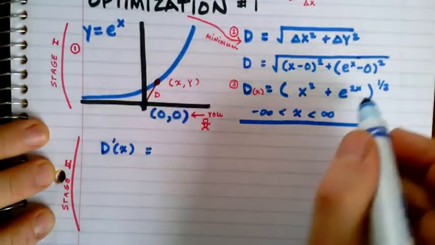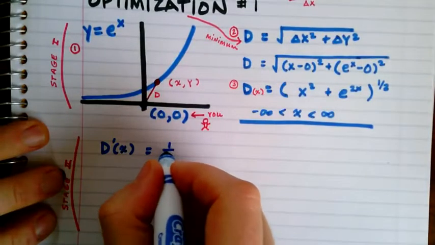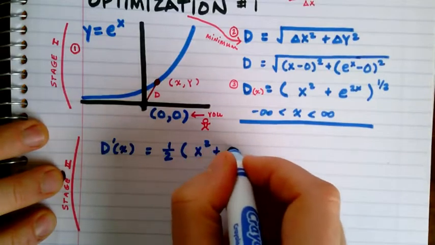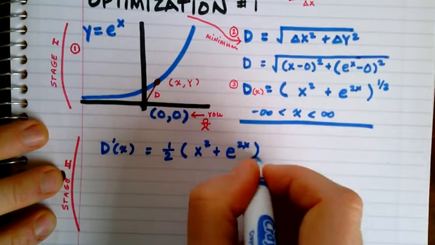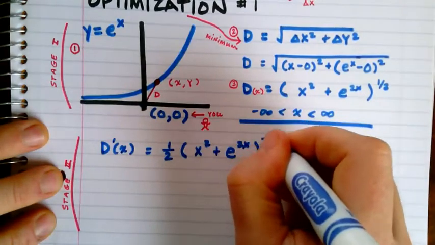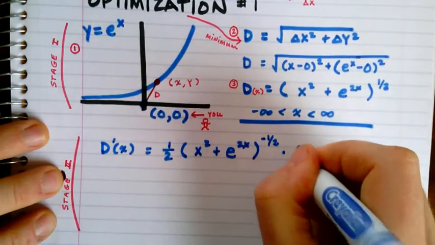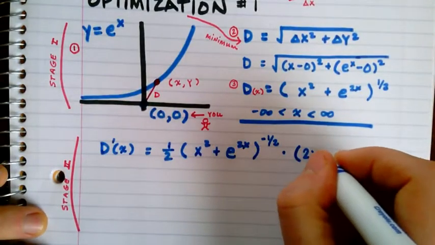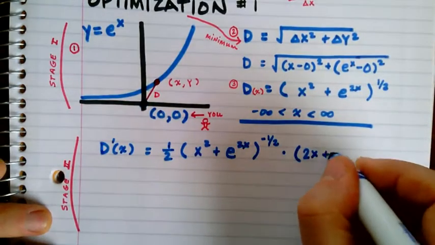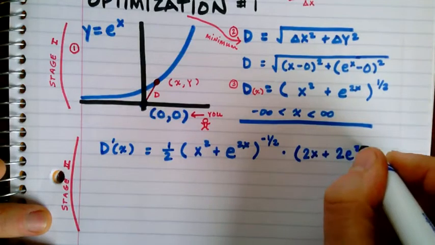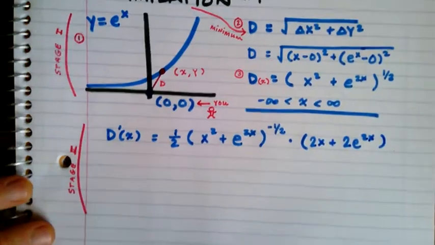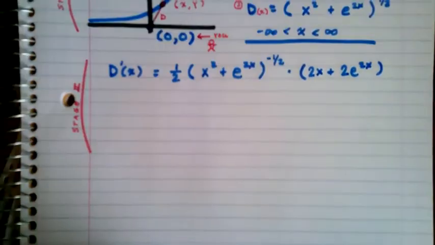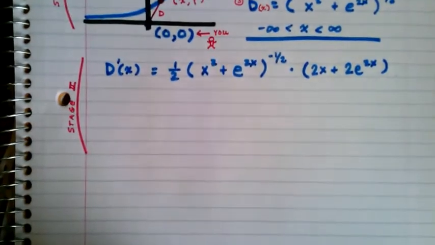So the derivative of this equation using the chain rule would be 1/2 of the inner function to the negative 1/2 power multiplied by the derivative of the inside function, which is 2x plus 2e to the 2x. All right. Now we want to know the places where that is equal to 0.